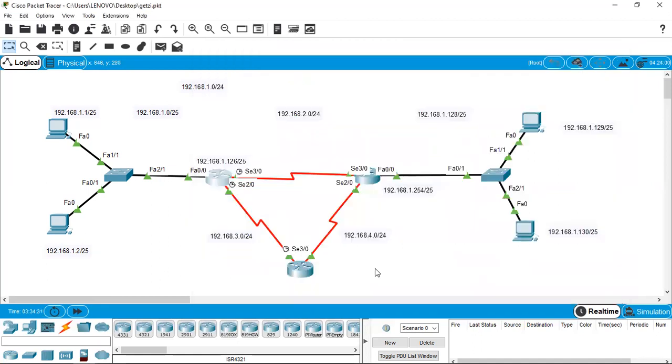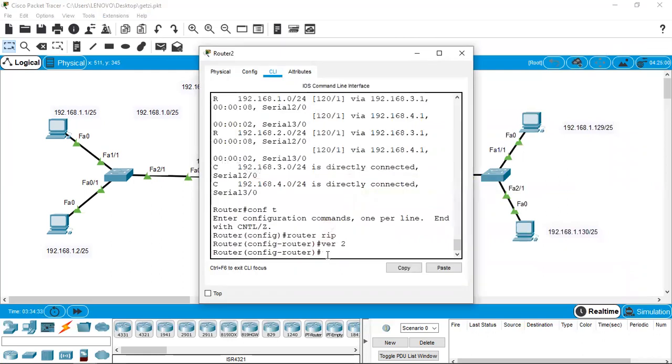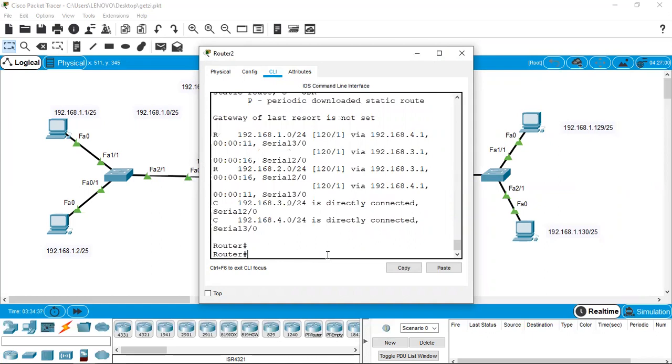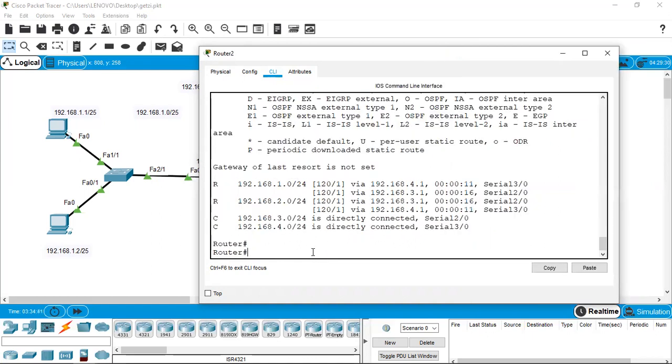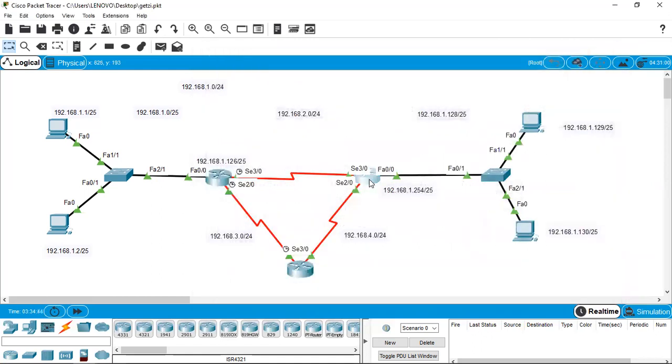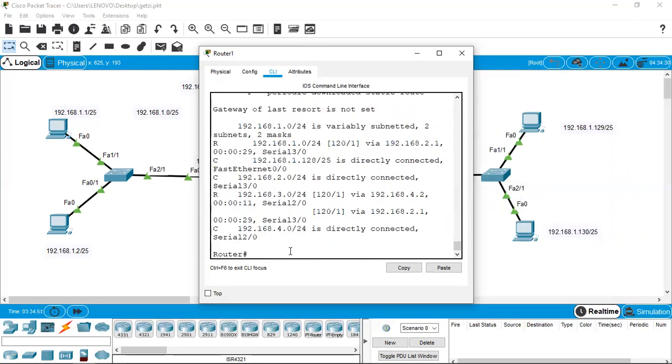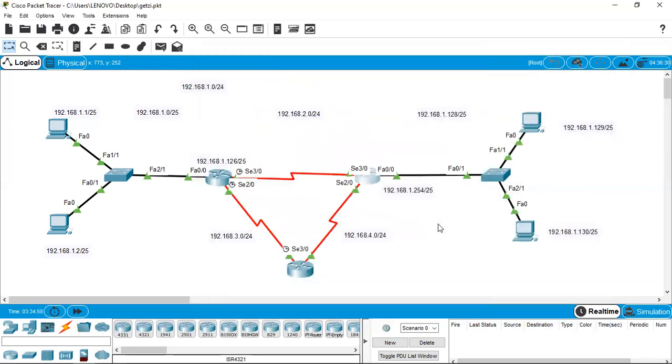So you have 5 networks here. We can check with the other router. Have we got 5 networks here? We are supposed to get 5 networks. No, we got only 4. All right, we'll check with the third router. Yes, we got the 5 networks.